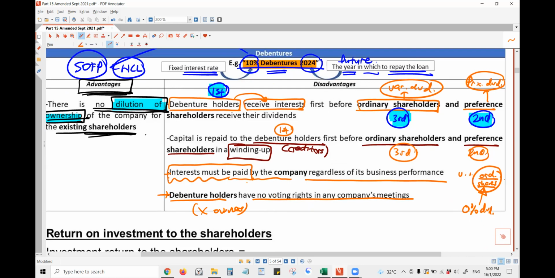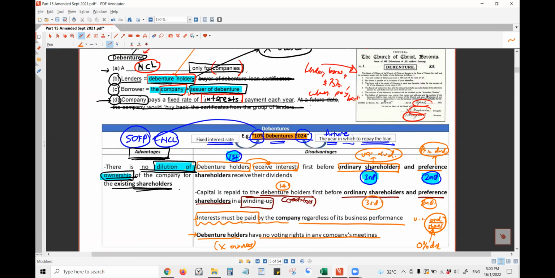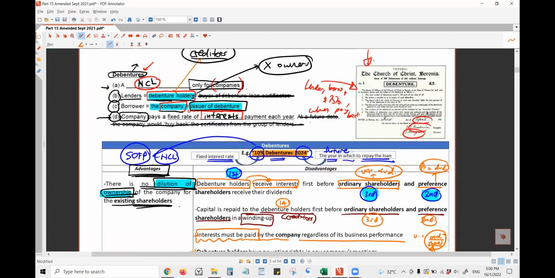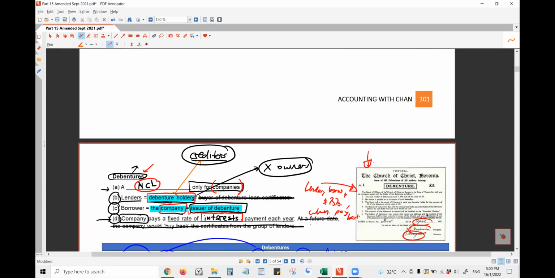So with this table, let me tell you what is really important about debentures in the exam, in the theory question. Examiner's favorite, write down. They always want you to compare 3 groups of things. They like to make you compare ordinary share against preference share and also against debentures.